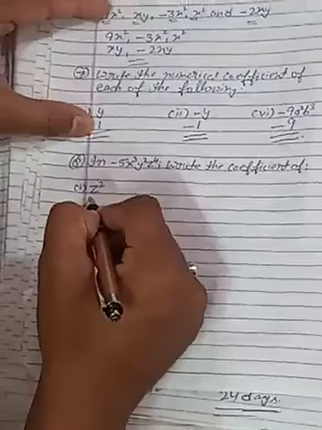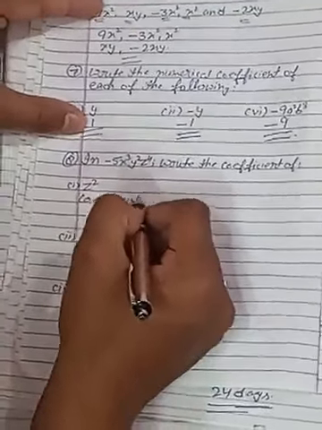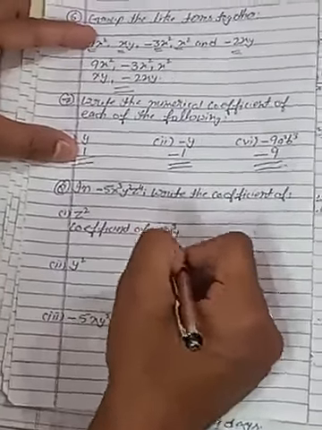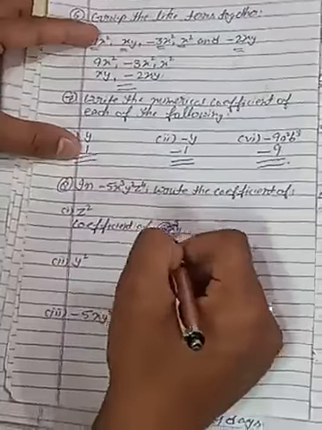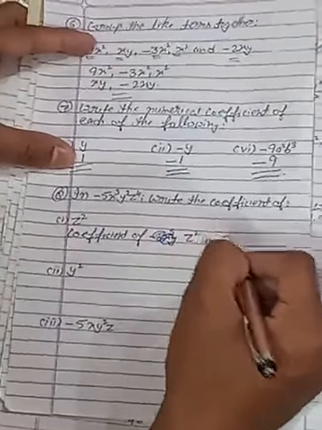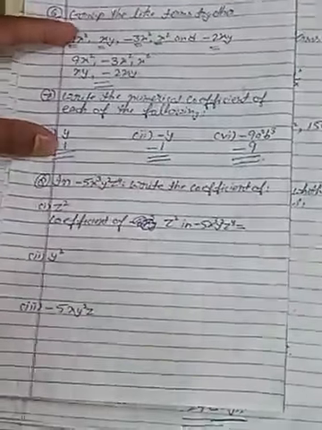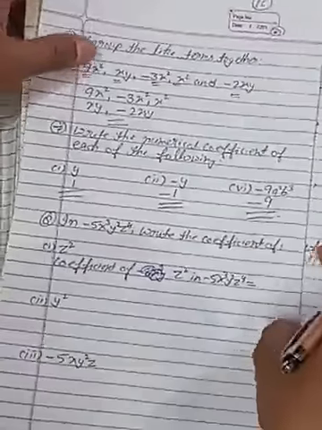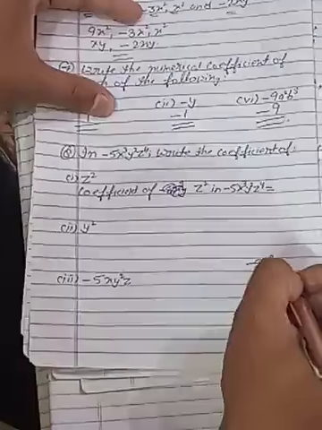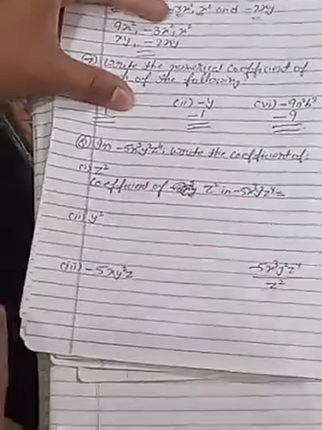So coefficient of z square in minus 5x cube y square z4 is equal to, see this, minus 5x cube y square z4 divided by z square.